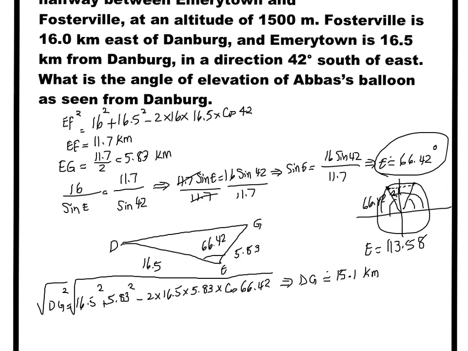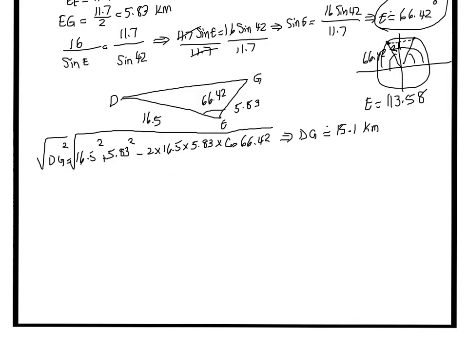Let's use the same type of calculation to see what will happen if angle E is 113.58. In this case, if E is 113.58, we are going to find that DG squared is 16.5 squared plus 5.83 squared minus 2 times 16.5 times 5.83 times cos of 113.58.